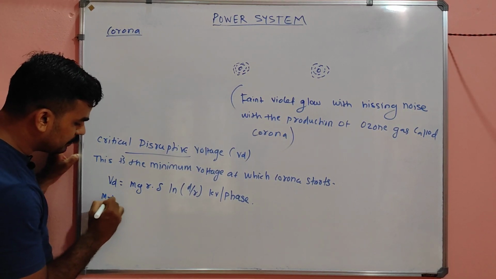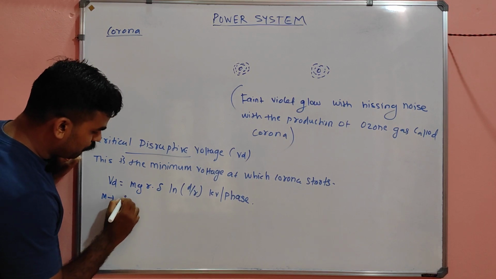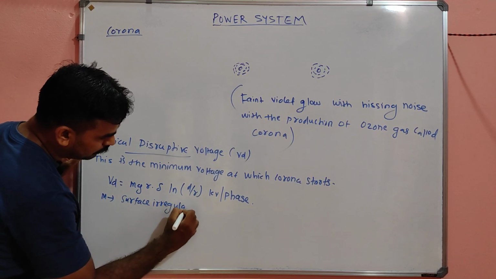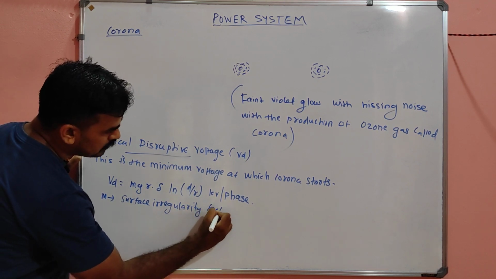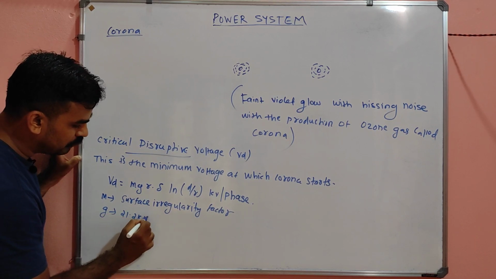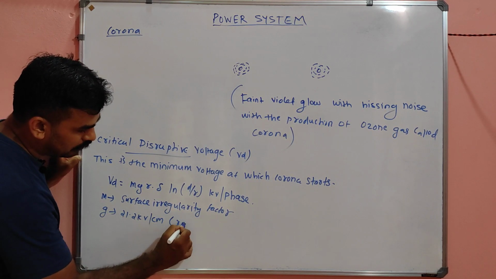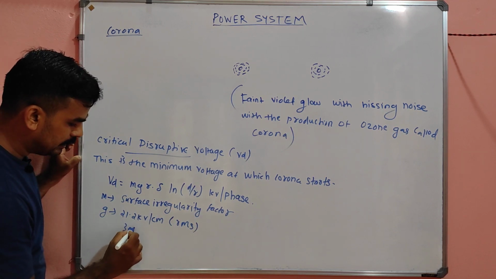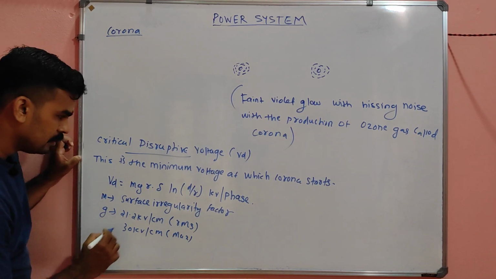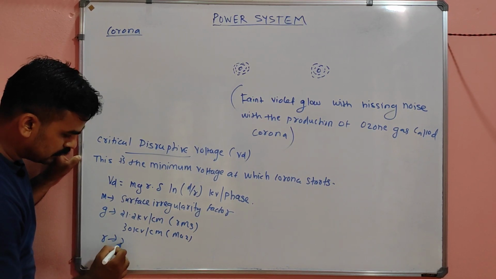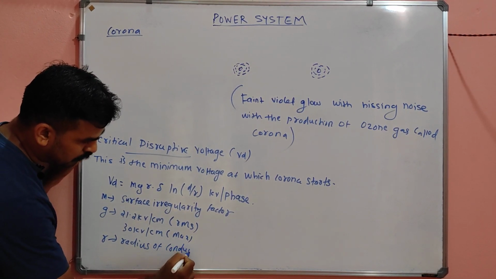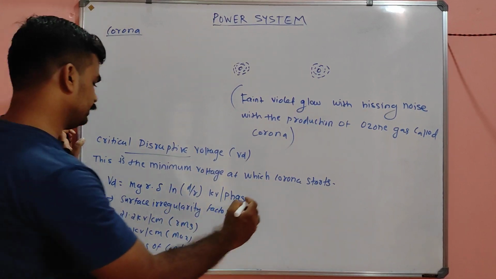M is the surface irregularity factor, and G is 21.21 kilovolt per centimeter RMS, or 30 kV per centimeter maximum. It's a constant. And r is the radius of the conductor.